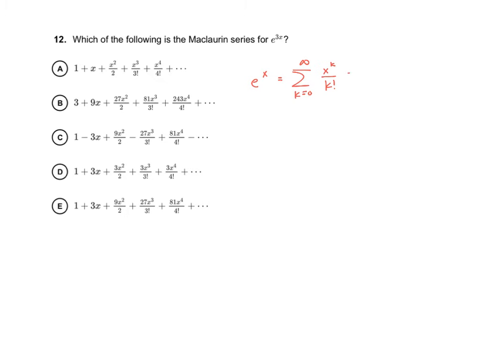Okay, and then we could write out the first few terms, 1 plus x plus x squared over 2 plus x cubed over, this is 2 factorial, 3 factorial, which is 6.